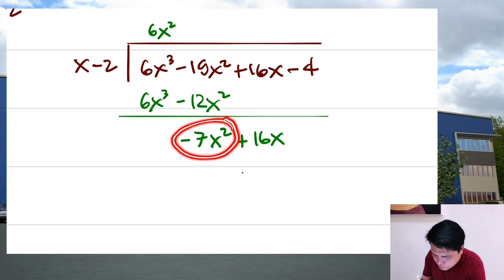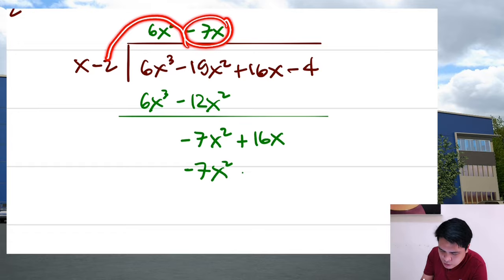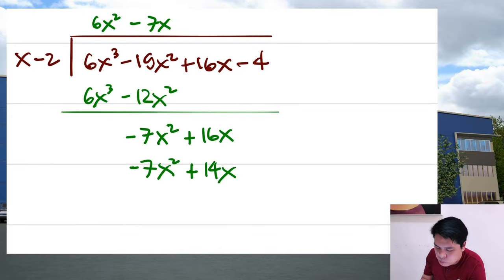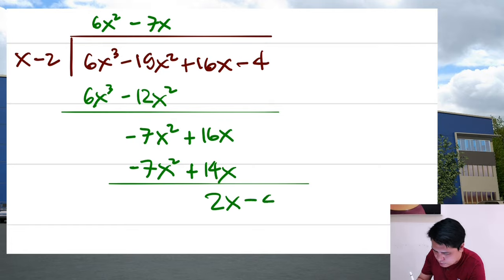So negative 7x squared divided by x is negative 7x. Then negative 7x times x would be negative 7x squared. Then negative 7x times negative 2 is positive 14x. Then we subtract again. So this would be 0 and this would be 16x minus 14x, so the answer is 2x. Then we bring down the next term, which is negative 4.